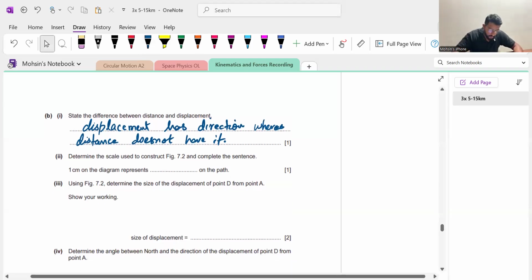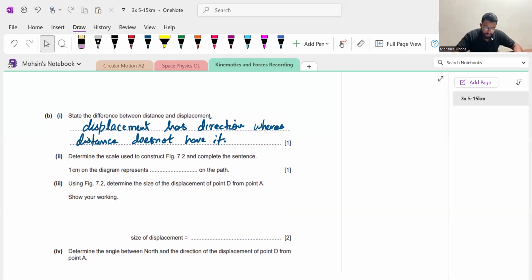Determine the scale used to construct figure 7.2 and complete the sentence. Okay, for this, when this paper was there on the exam day, it was printed in some format, and when you use the scale, the marking scheme is normally according to that.